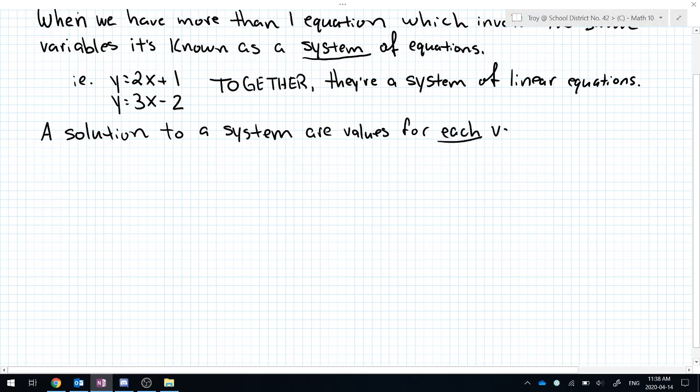Each variable that satisfy the equations.